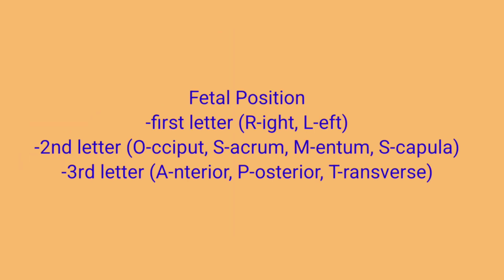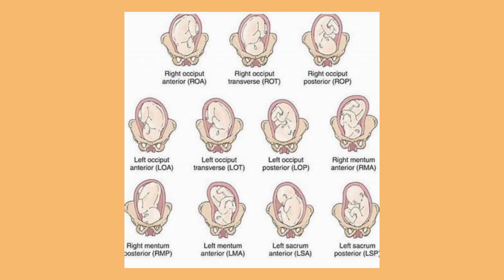The fetal position is the relationship of the presenting part of the fetus in reference to the directional position as it relates to one of the 4 maternal pelvic quadrants. Here is a picture I found with different fetal positions. Again, the first letter is either right or left based on the back of the fetus. Then it's whatever presenting part is coming out of the pelvis, which can be the occiput, the mentum, the scapula, or the breech.